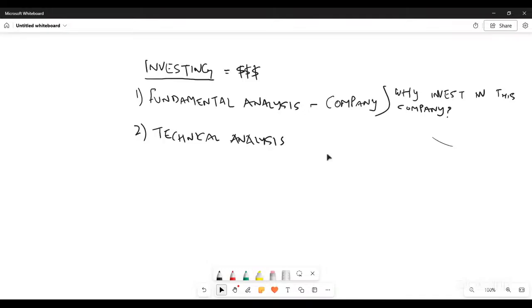And what happens when there are a lot of buyers for the stock of the company? What happens to the stock price? It goes up. So fundamental analysis is: why invest in this company? You need to find the reasons. What are the fundamental reasons?